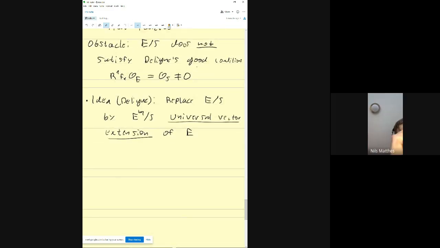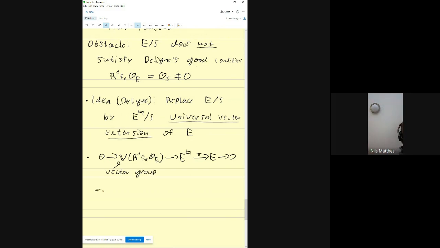So what is the universal vector extension? Just to give you an idea, I'm not going to define it precisely, but the universal vector extension sits in a short exact sequence like this, where this guy here on the left is a vector group.